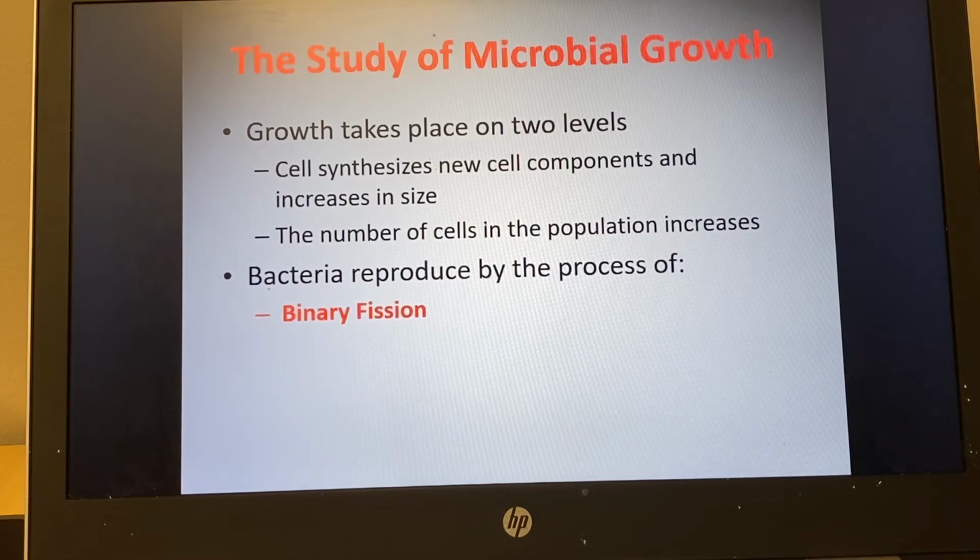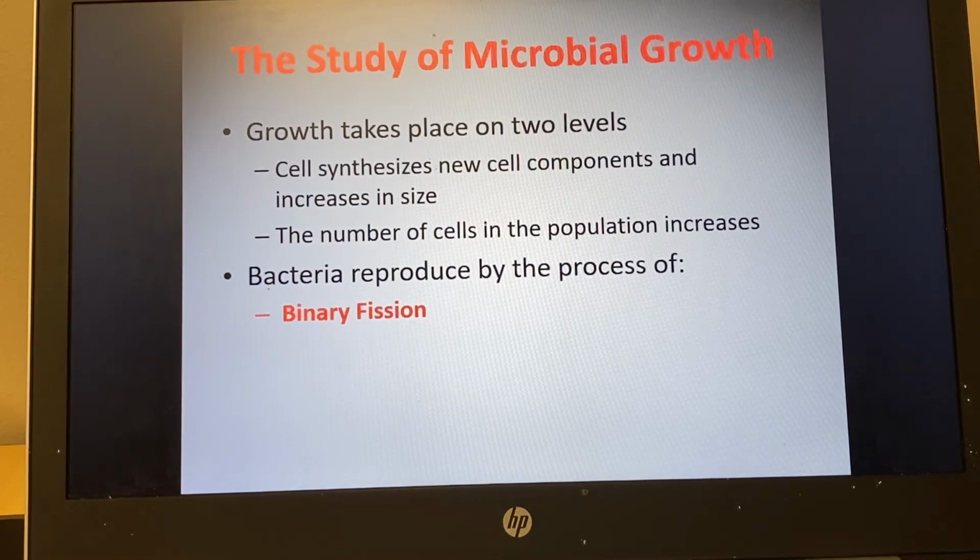When they grow, you have two different types of growth. One is, hey, I need to make new ribosomes, maybe I need to make an amino acid or a carbohydrate. You have cells that are just going about their daily business. That's growth. But then you also have when bacterial cells replicate and the population increases.